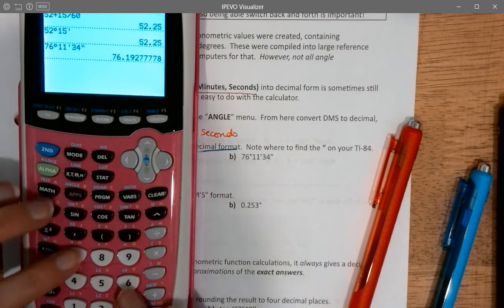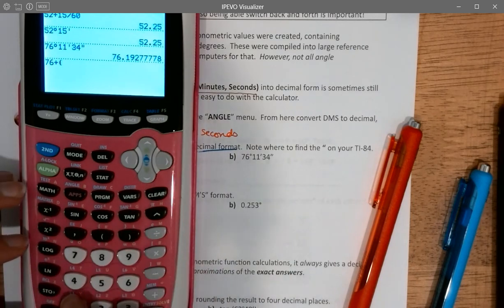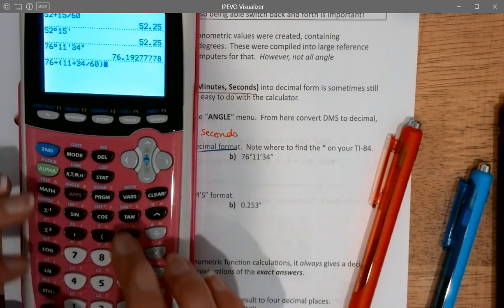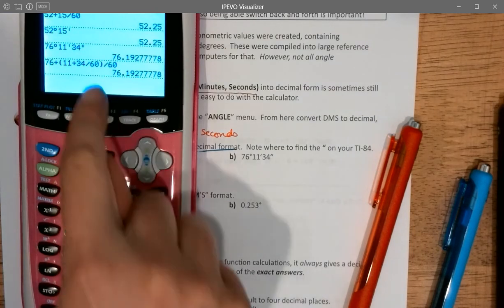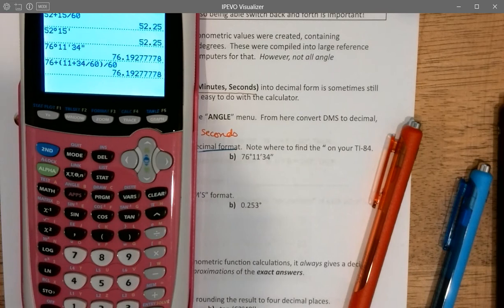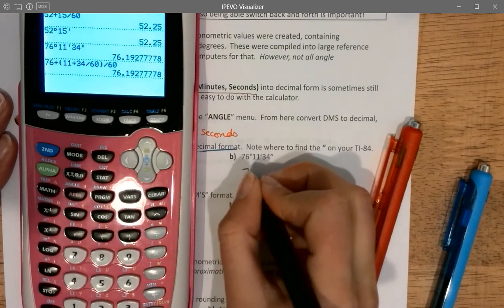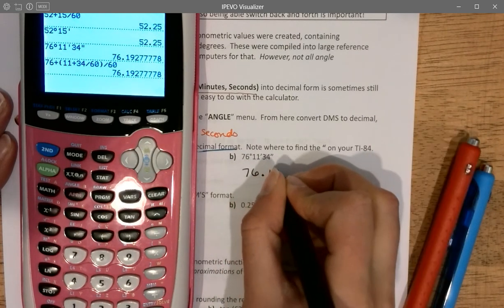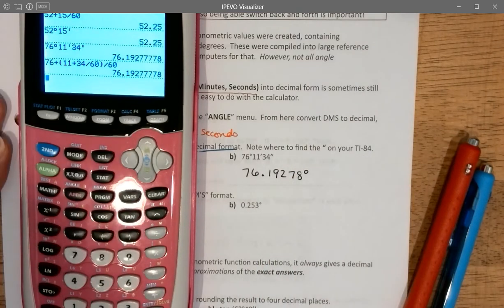Or I could have done 76 plus parentheses 11 plus 34 divided by 60, close parentheses, divided by 60, to convert by dividing the seconds into minutes and the minutes into degrees by dividing by 60 and dividing by 60 again. So the same way, it's just a matter of how I want to input the information. So this is the same thing as 76.19278 degrees if I keep a few places there.